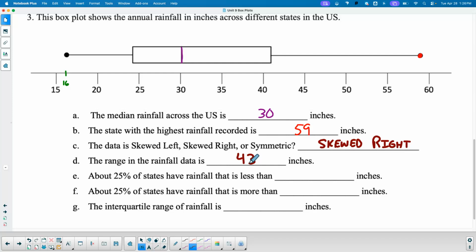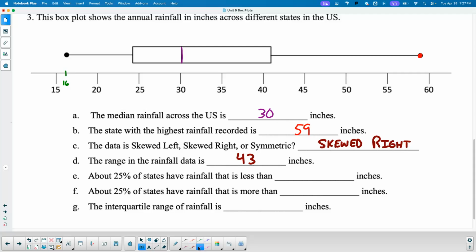About 25% of states have rainfall that is less than how many inches? Good question. It is not 30.